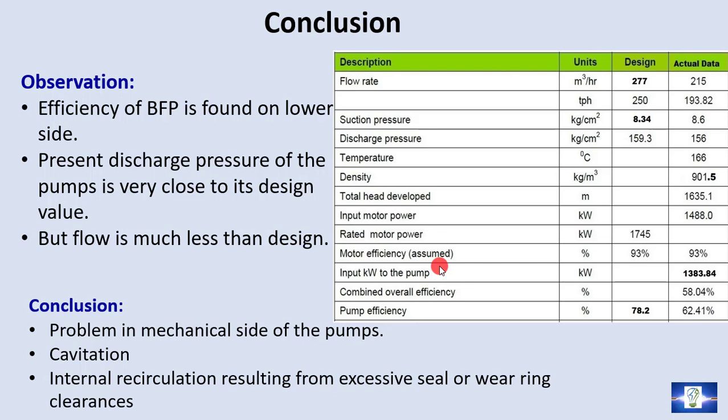Cavitation occurs when the fluid pressure falls below the saturation pressure and vapor bubbles are created. As the fluid pressure increases in the pump, the bubbles collapse and erode the pump diffuser or volute chamber walls. Flow through the pump becomes erratic and pulsates. Cavitation can also be caused by internal recirculation resulting from excessive seal or wearing clearances within the pump.